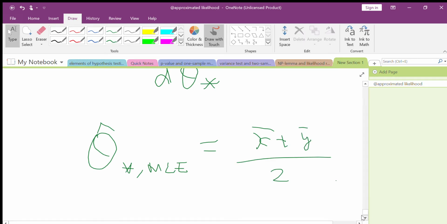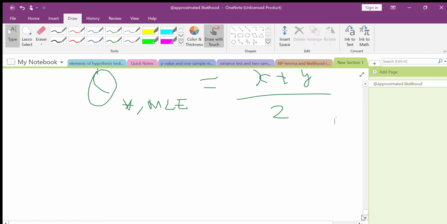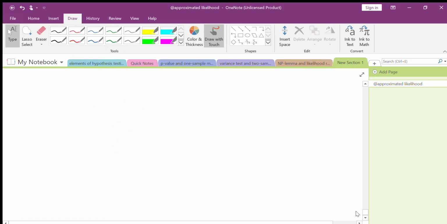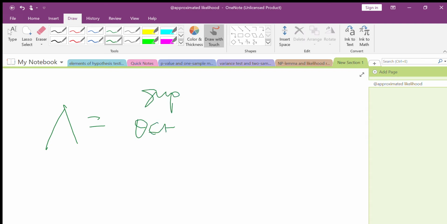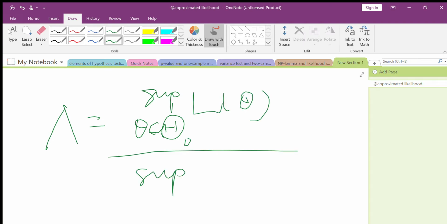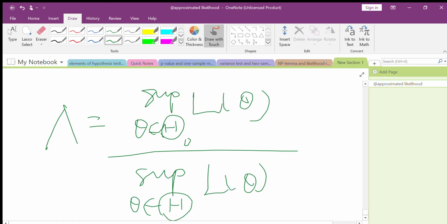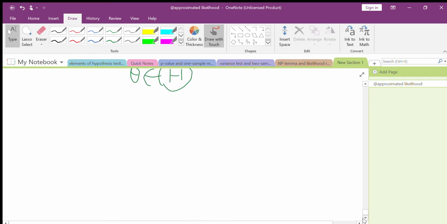Since we have the MLE for the null parameter space and for the global parameter space, we can calculate the likelihood ratio capital lambda, which is the ratio of the sup over theta in the null parameter space of L theta, divided by the sup over theta in capital theta of L theta. We just plug in our MLEs into this representation.